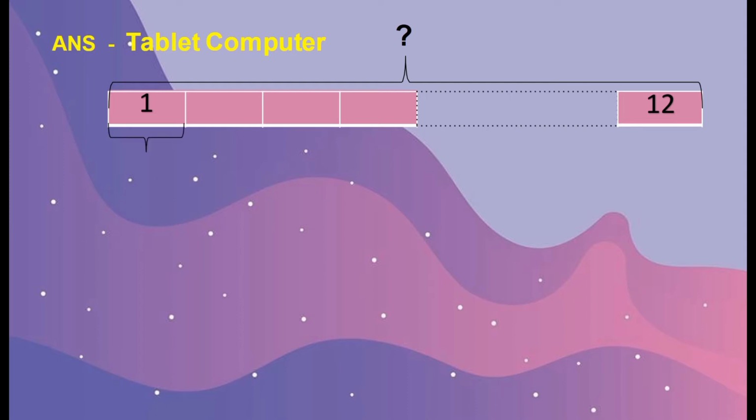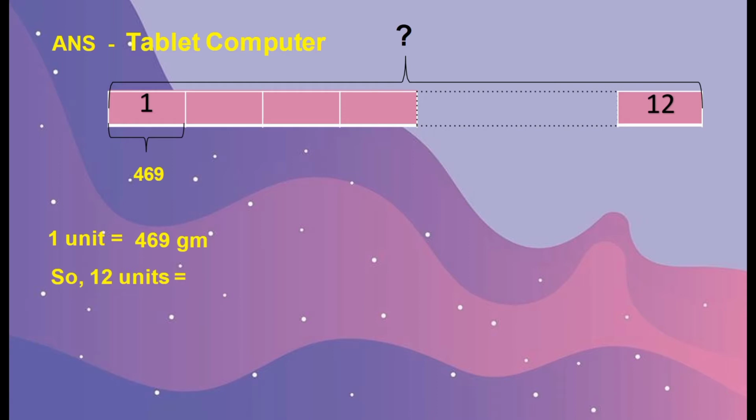So for 1 unit is already given, that is 469. The weight of 1 tablet computer is given, that is 469. So first you will show 1 unit is equal to 469 grams. This is the unit of 1. Now how many units? 12 units.